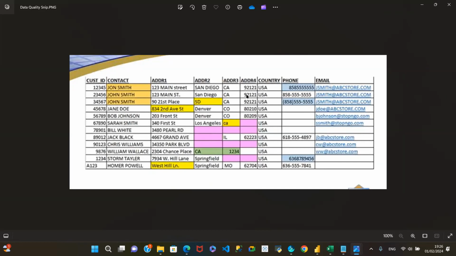But something gives, and the phone number, there's a bit of a clash with the phone number as well. But if we look at the email, I don't see any difference. The email is the same for all three. That tells me there's a 90% chance that these three records are for one person.